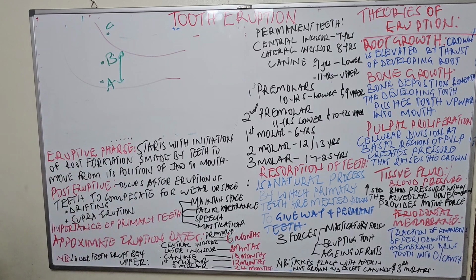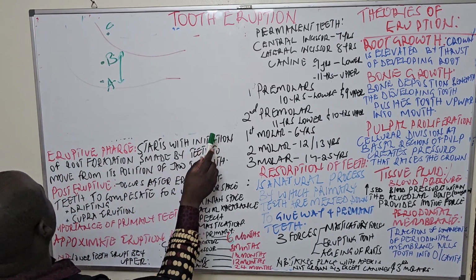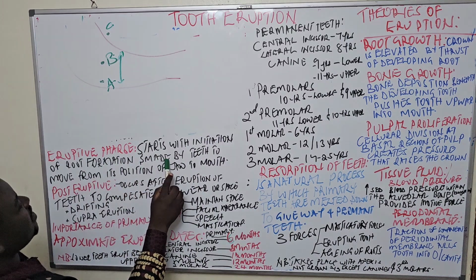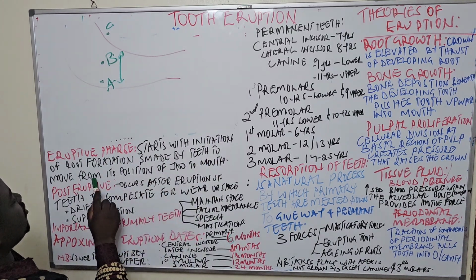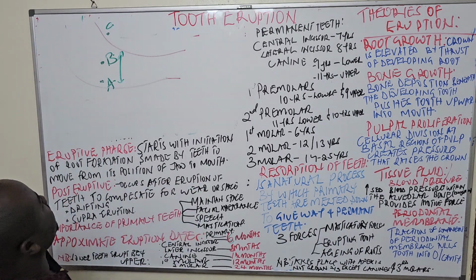We have the eruptive phase. It starts with initiation of root formation and is made by the tooth movement from its position in the jaw to the position in the oral cavity.